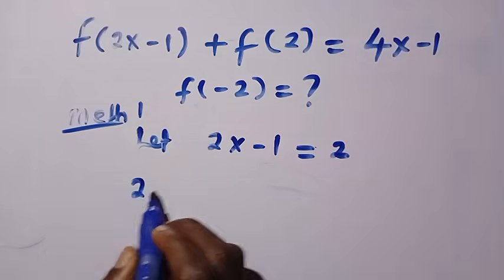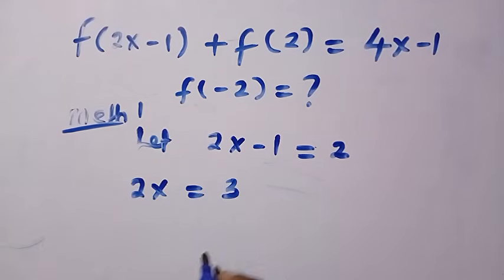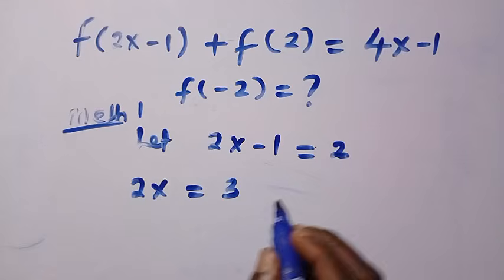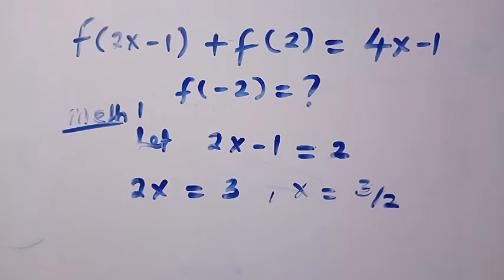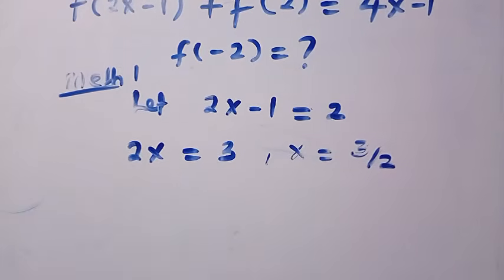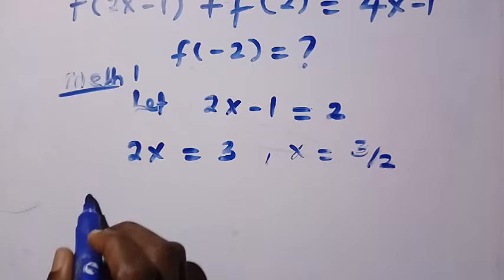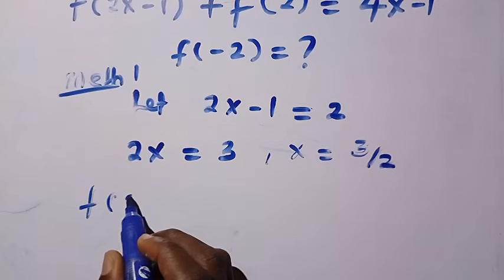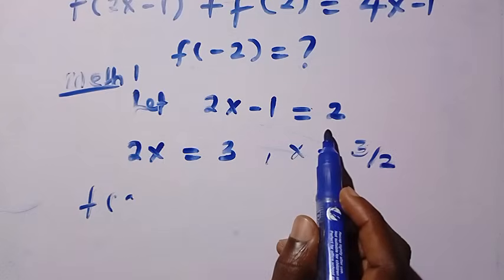Therefore, we have 2x equals 3, and if 2x equals 3, this shows that x equals 3 divided by 2. And if x equals 3 divided by 2, we come back to this function and replace this one with f of 2, since we have 2x minus 1, I've already let it be 2.